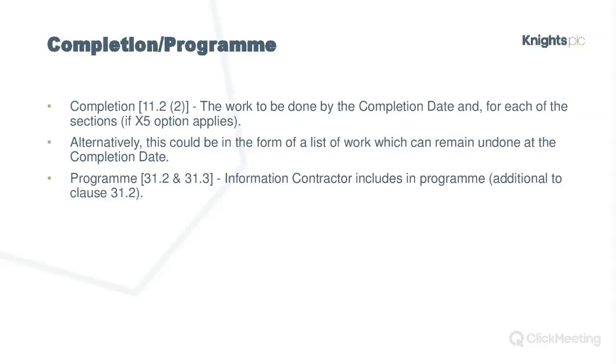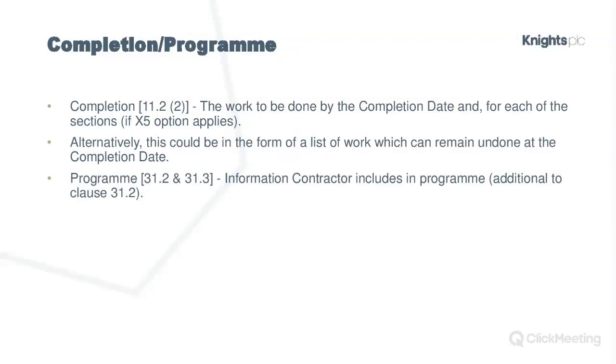But the works information, and this is quite a nice example of how all these documents mesh together, you can't just read one and think, well, that's the scenario, that's the situation, fine. The works information should state the work that has to be done by the completion date, or by sections if option X5 applies, where you've got sectional completion.